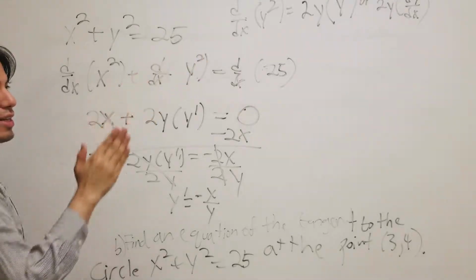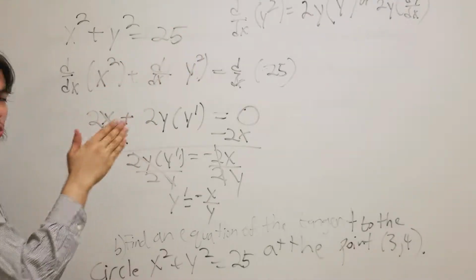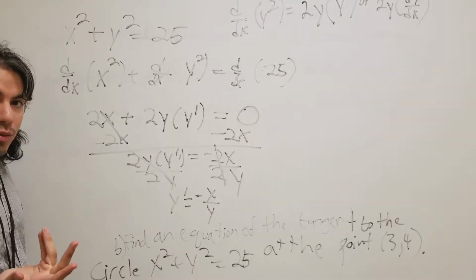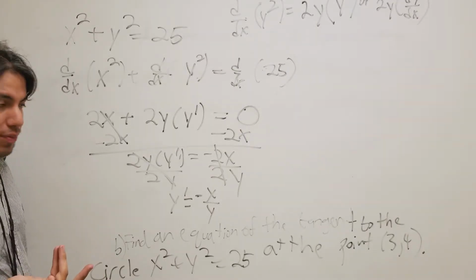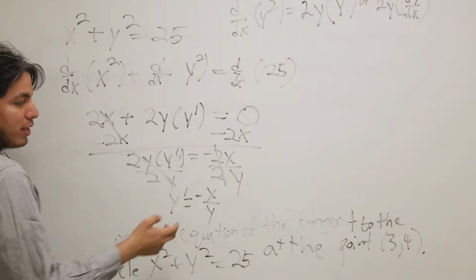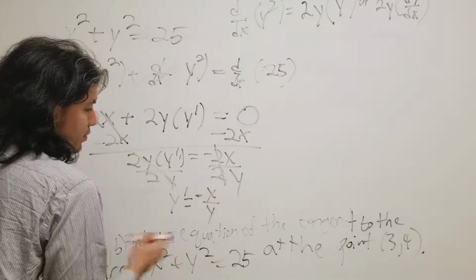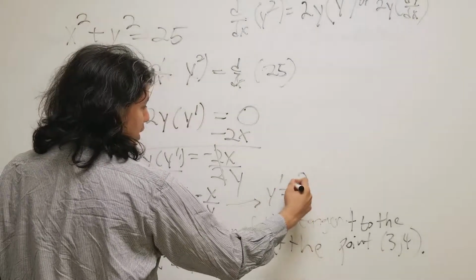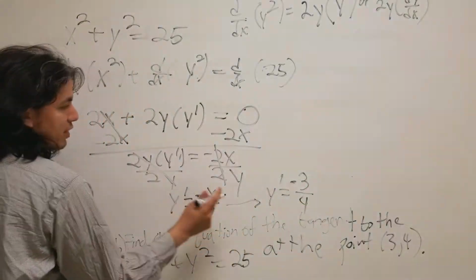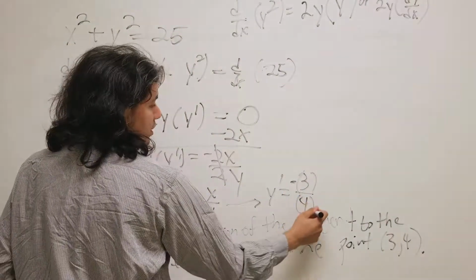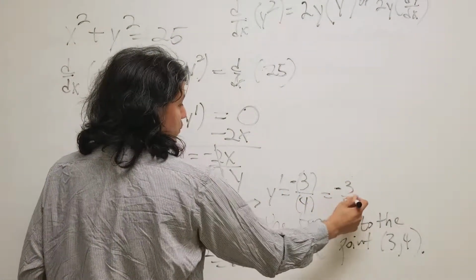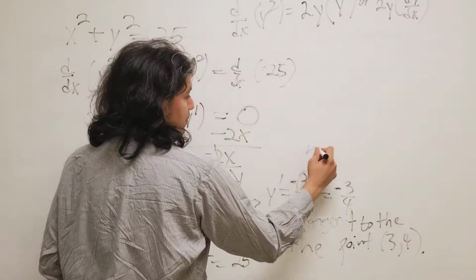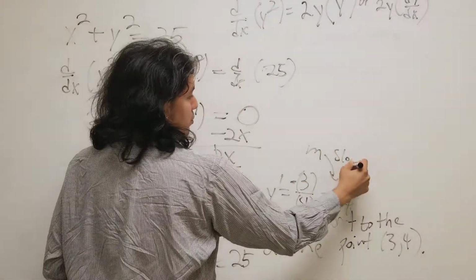So you plug in (3, 4) here, and y prime becomes negative 3 over 4. That's what happens when you plug it in. So this is your slope, your m.